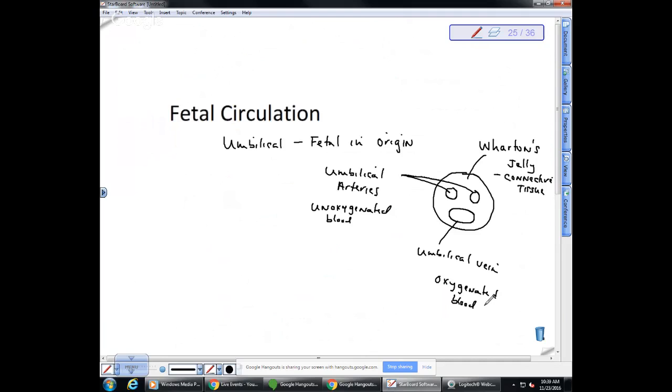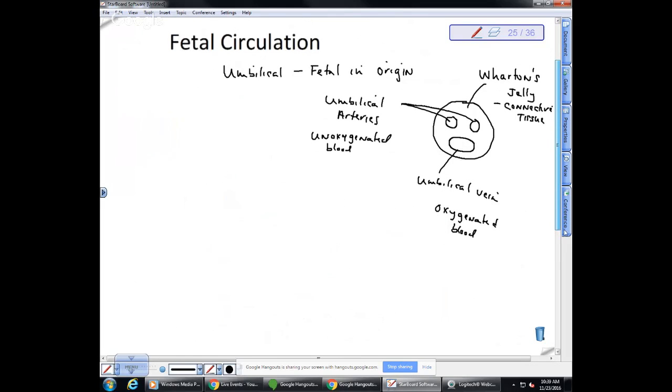Okay. Now, in the fetal circulation, we're not getting any oxygen from the lungs. So fetal blood must bypass the fetal lungs. Right?